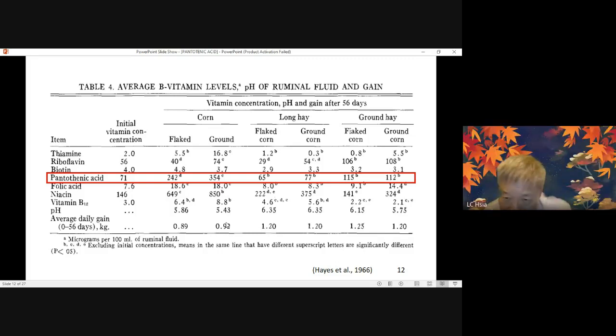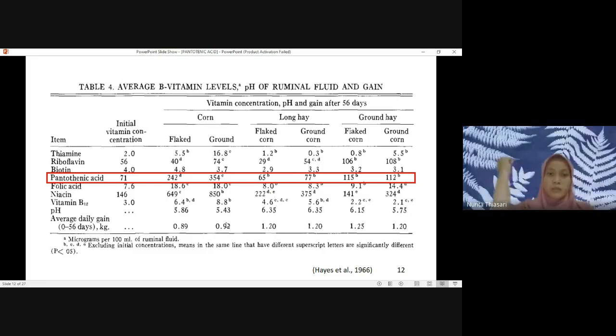Good question. In my opinion, almost all of the vitamin B group synthesis needs readily available carbohydrate.